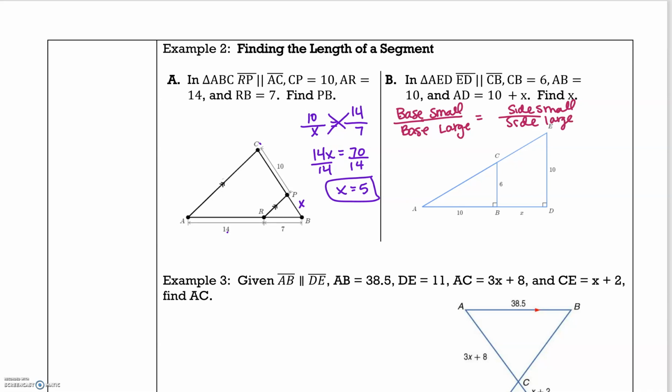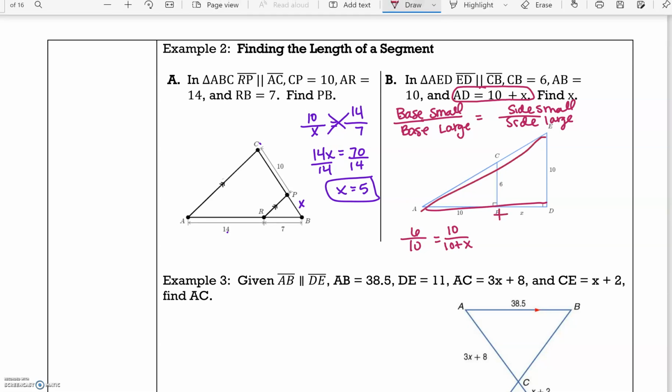So base for the small is 6. Move down here. Base of the large is 10. Side of the small, well, here is this triangle that we're looking at. It's 10. Now the side of the large is AD, which is 10 plus X. So we're going to have a 10 plus X down here because it's both 10 plus the X, that whole length there for our large triangle.